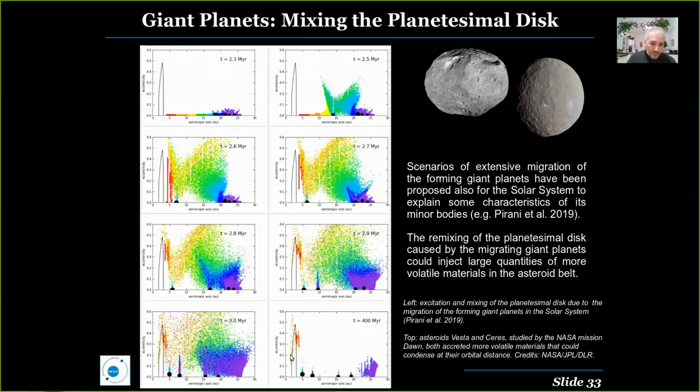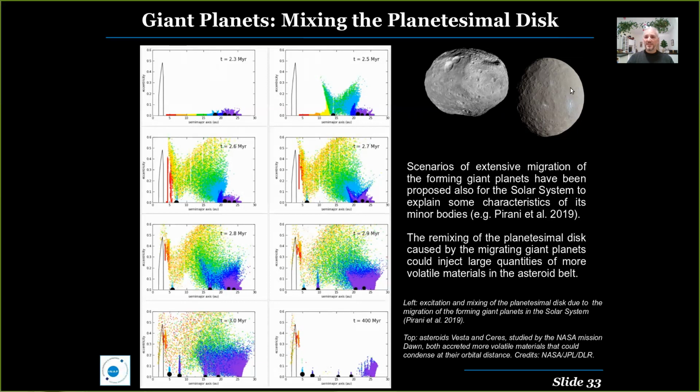Here, there are also bodies that formed at 15 to 20 astronomical units, and they can be injected into the asteroid belt. While this would seem extreme, giant planets forming so far away and migrating to the final position, creating such a huge remixing of the planetesimals and therefore the planetary material, there are a number of hints that suggest that this could actually happen in the solar system.